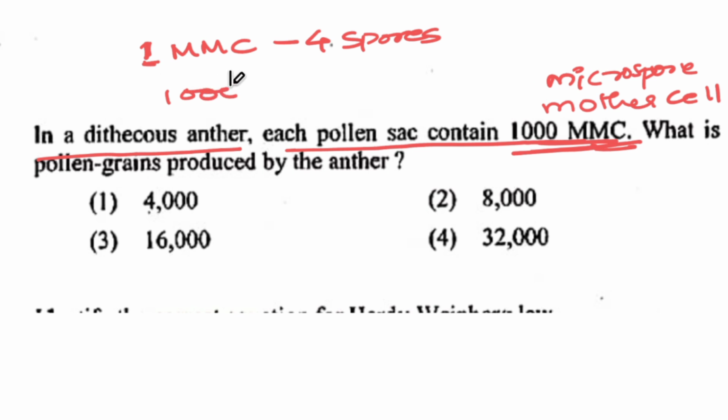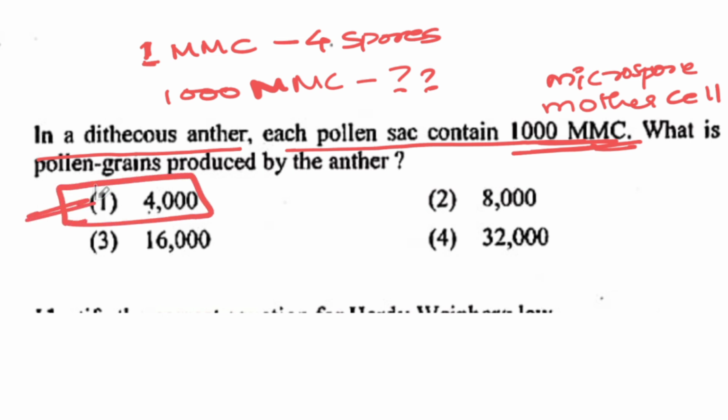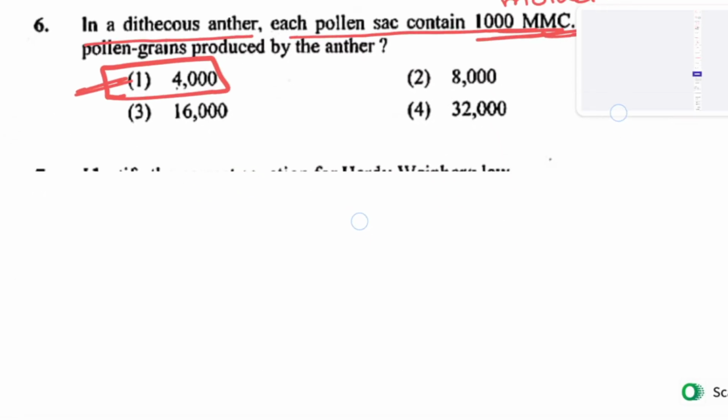If 10,000 microspore mother cells, then how many pollen grains are produced? That will be 4000. So A is the right answer.